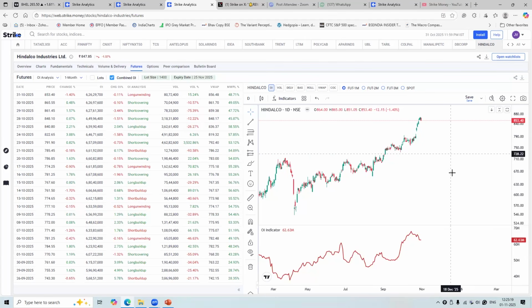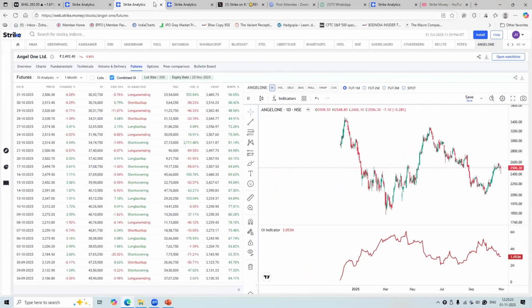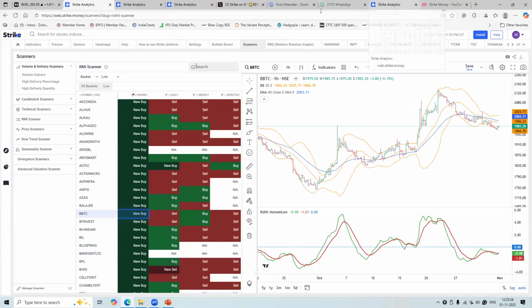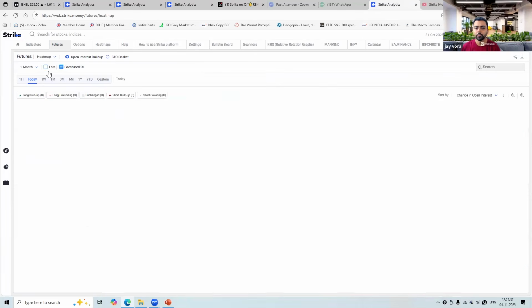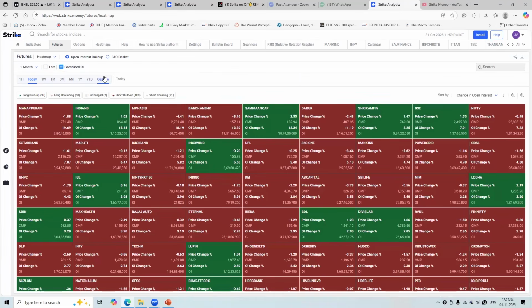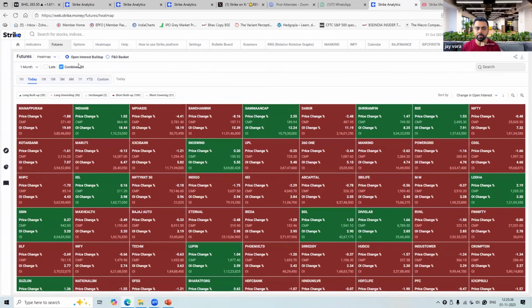You had just shown the short buildup in heat map. Can you just repeat the same thing? So in futures, you have to go to heat map. Then you can choose your direction, whichever way you want.